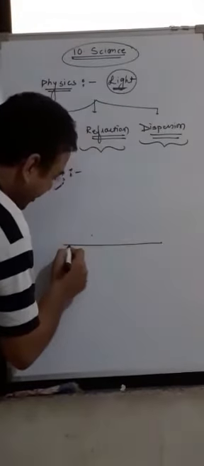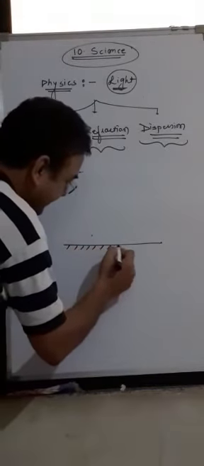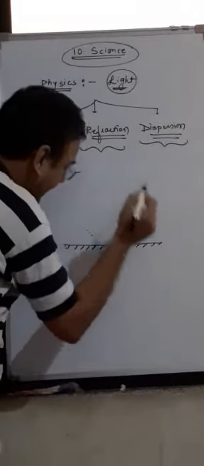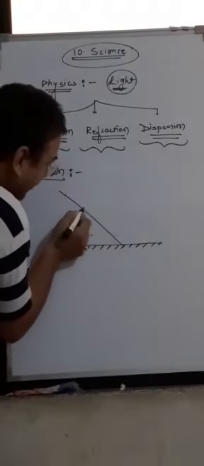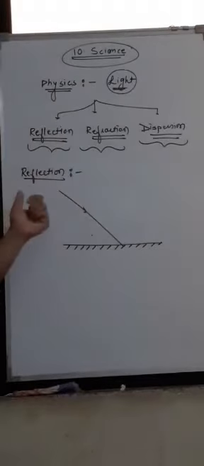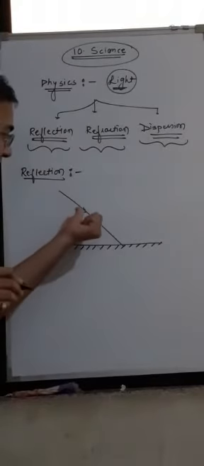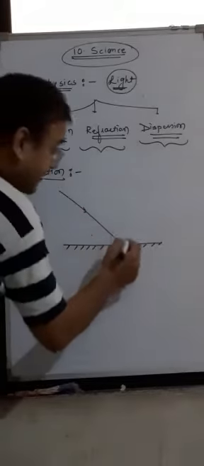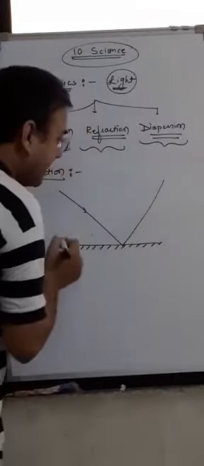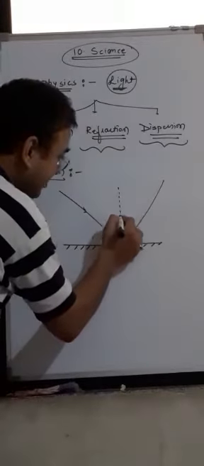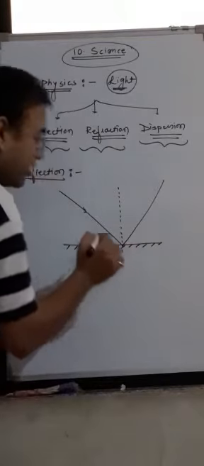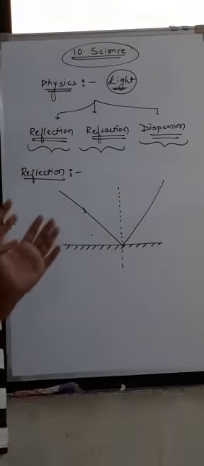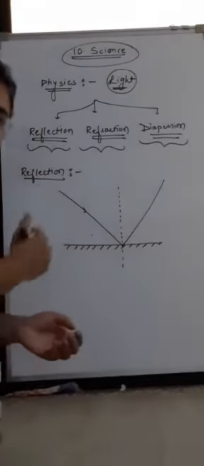Let's start. Simply, I have an opaque surface, and a light is incident on it. Always keep in mind, when you have to show light, you have to show the arrow. It's compulsory. It bounces back. Here we draw the normal. Normal means 90 degrees, or perpendicular to the surface.